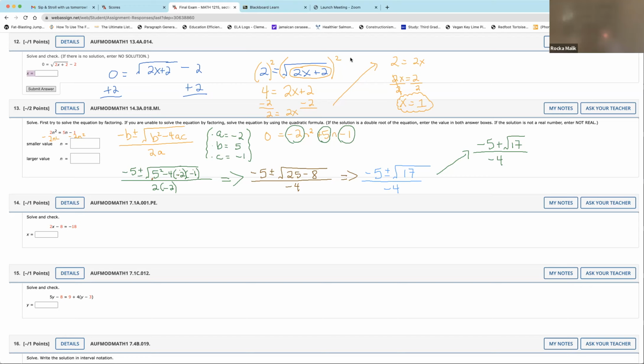The other answer is -5 minus the square root of 17 over -4. Which one's smaller? I guess this one, the one with the minus, because it's -5 and I'm taking away even more. So I'm going to say this one is the smaller one.